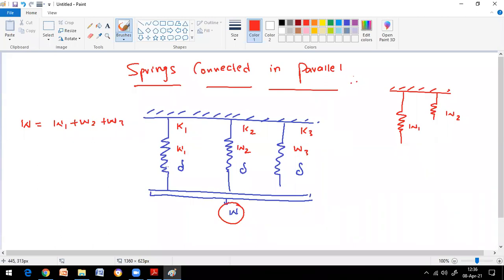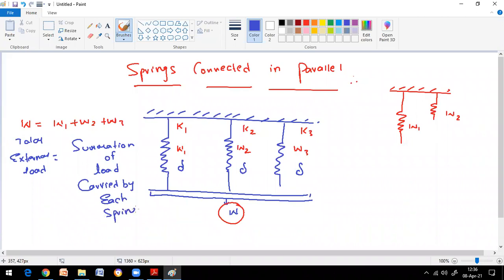So the total external load will be equal to the summation of the loads carried by each spring, W1 plus W2 plus W3.